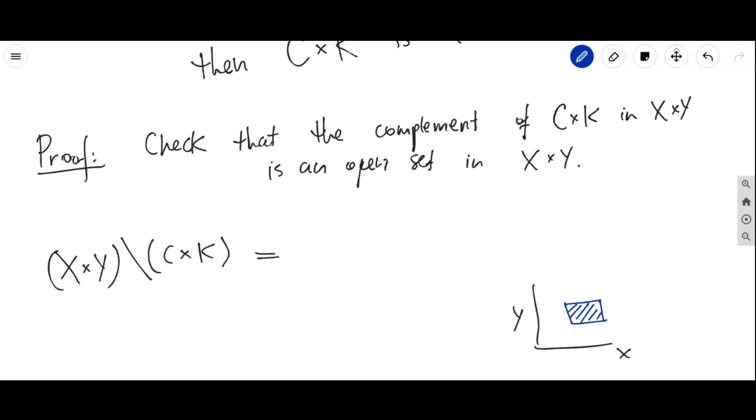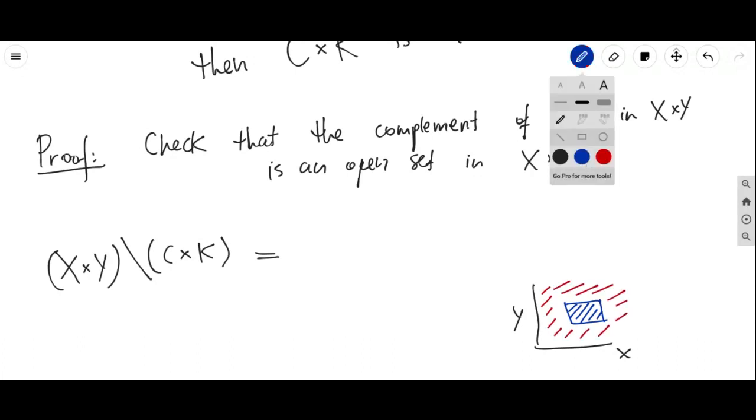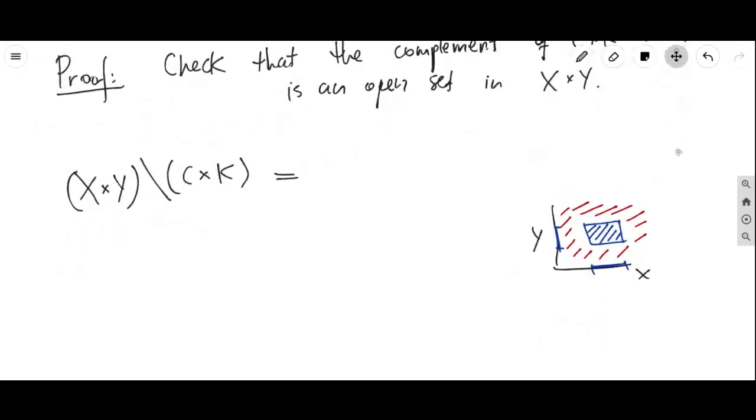And that's what it is. And we want the complement. So we want all of that stuff on the outside. Now you can see that this is sort of like the shadow on the x-axis, and this is the shadow on the y-axis. So if you have a point that is outside, then it means the point has to either be missing from C, or it has to be missing from one of these two.